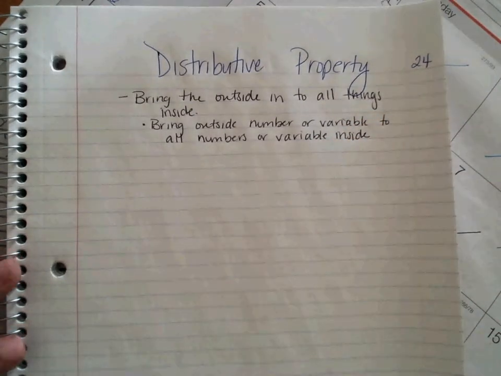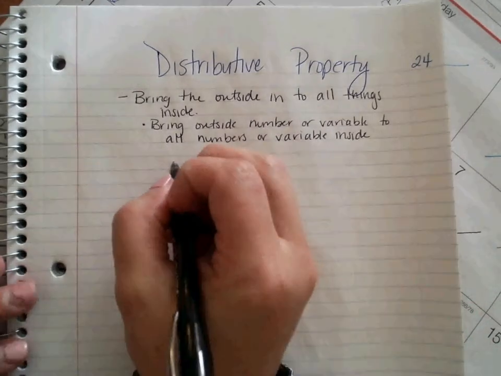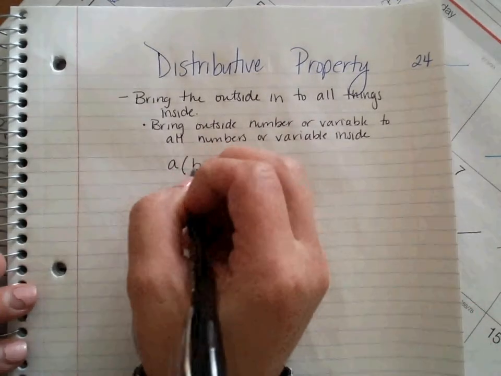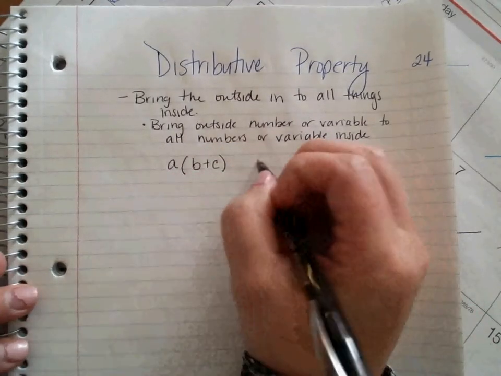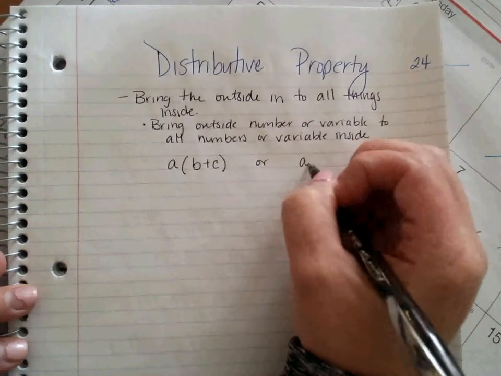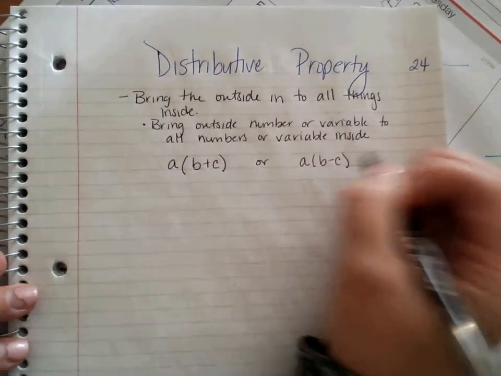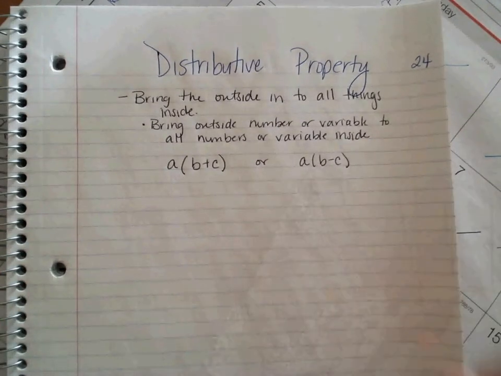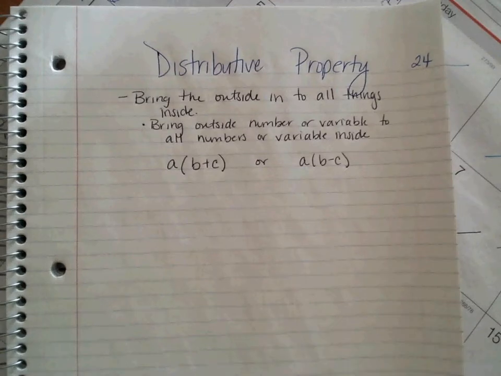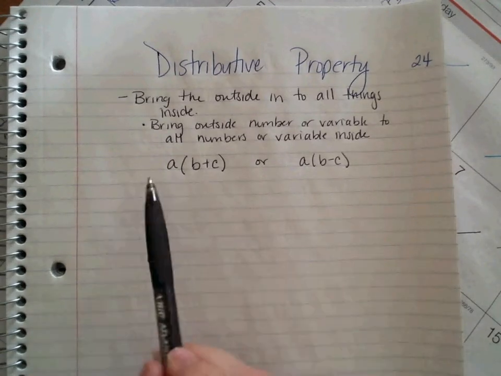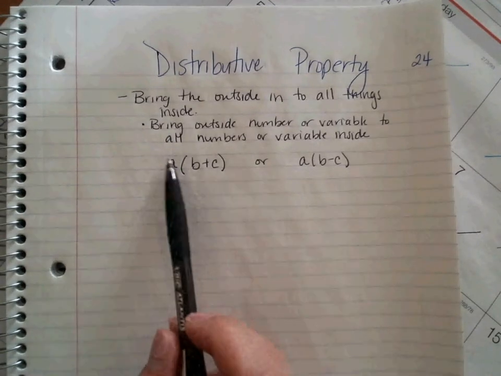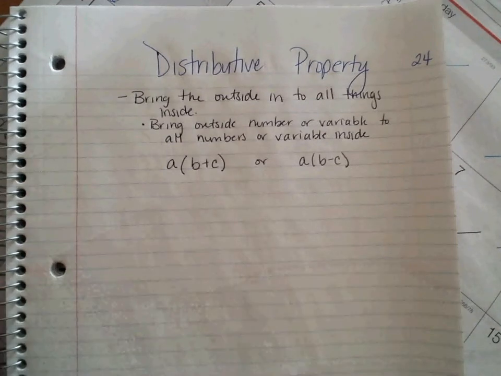So when we look at our distributive property, that's when we have something like A(B plus C), or something like A(B minus C). Remember, this is multiplication. So when we talk about our distributive property, we're using parentheses and we have something on the outside that we need to bring to the inside.